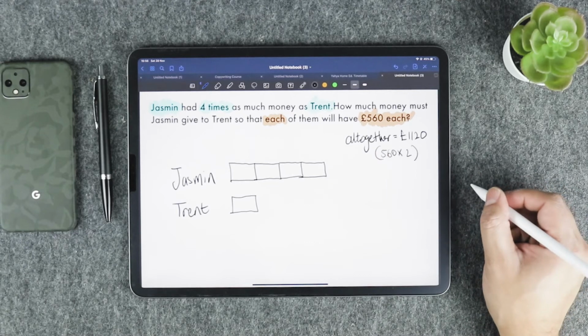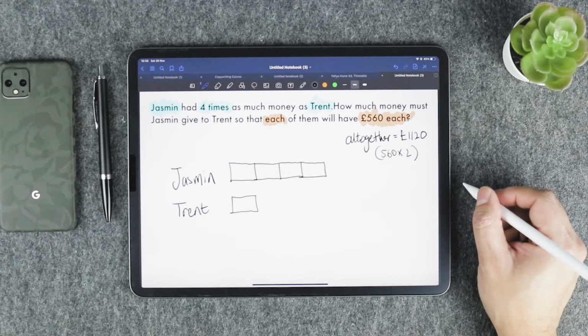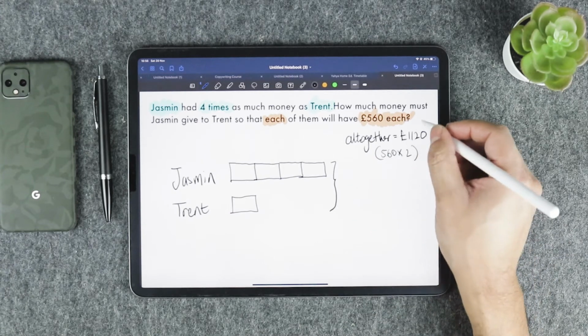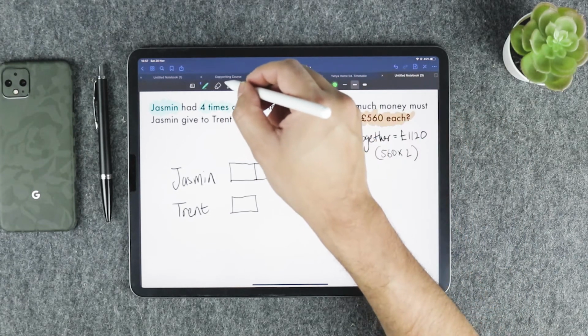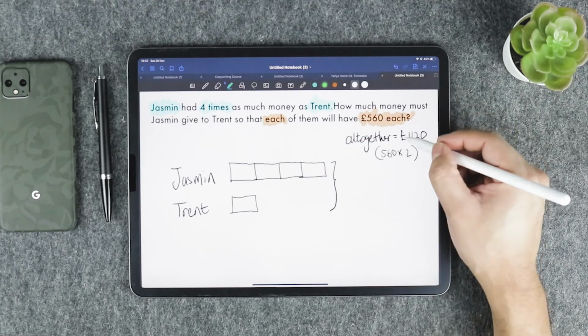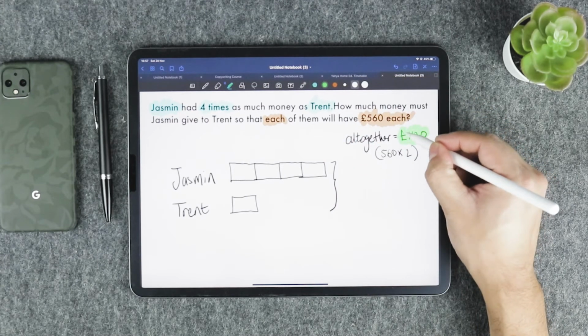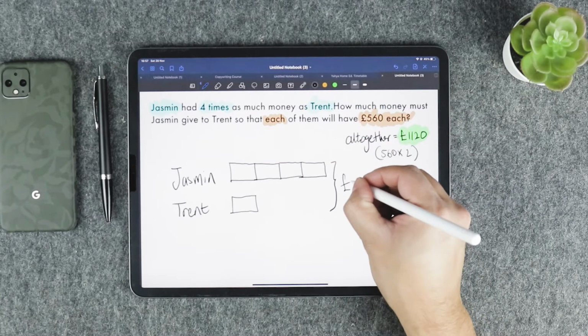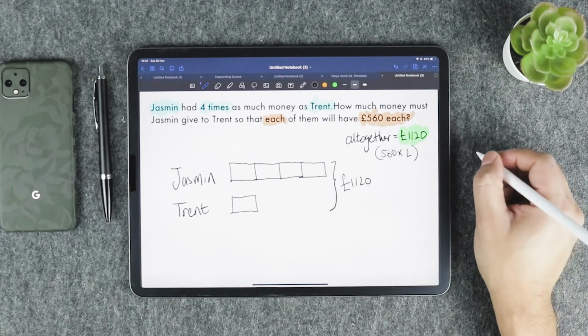And so that shows that Jasmin has 4 times as much money as Trent. I know altogether, all of this must be 1,120, right? Why is that? Because we worked out that altogether they must have £1,120.